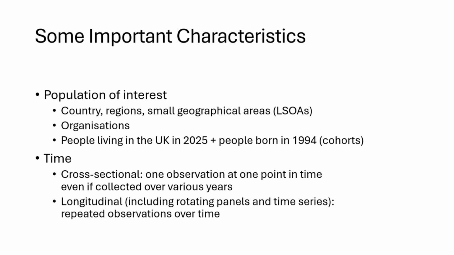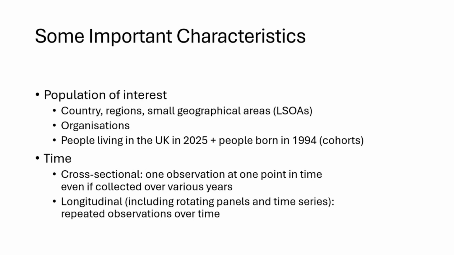There are data sets out there which are about countries or regions or small geographical areas, say the proportion of immigrants, the unemployment rate, or pollution in different parts of the country. There are data about organizations, and the data that I mostly use is about people. A lot of my research is about the UK, so I use data about people living in the UK.